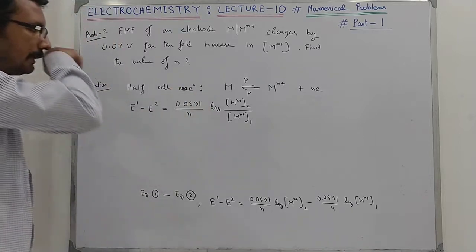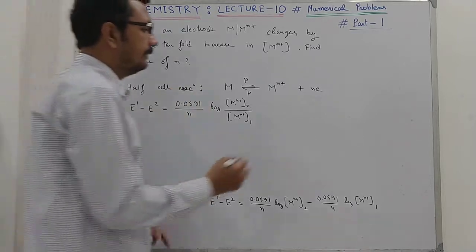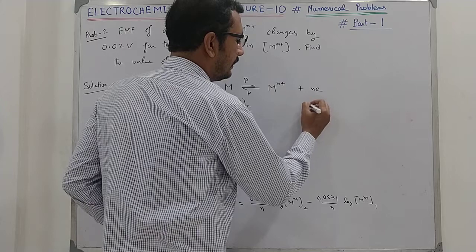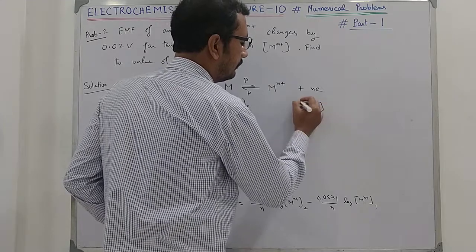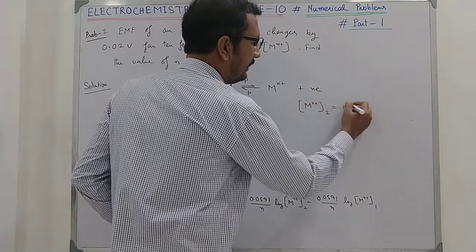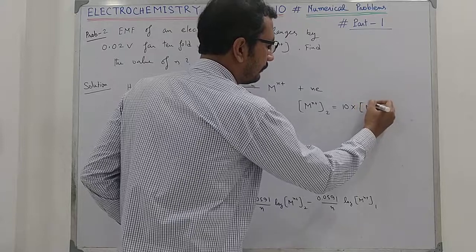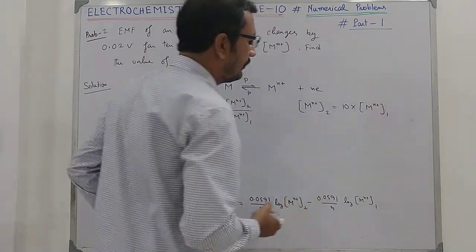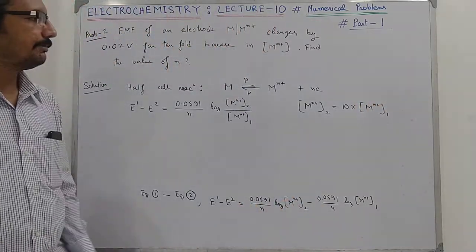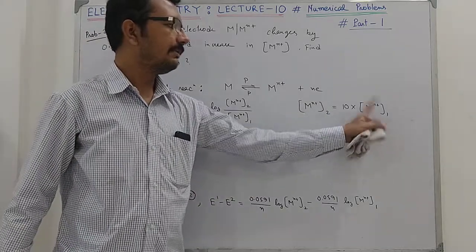So this is the equation. Now you see, if the concentration increases by 10-fold, then this will be the relation: Mn+ 2 equals 10 times Mn+ 1.